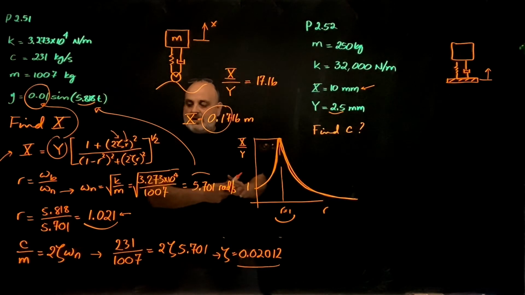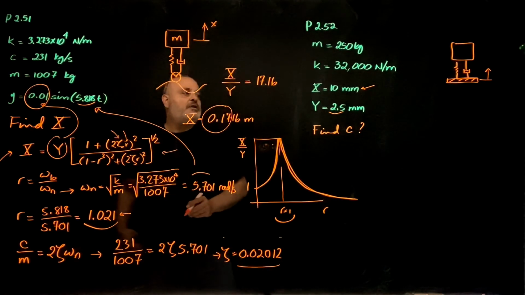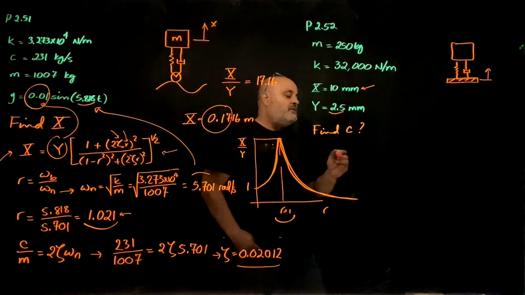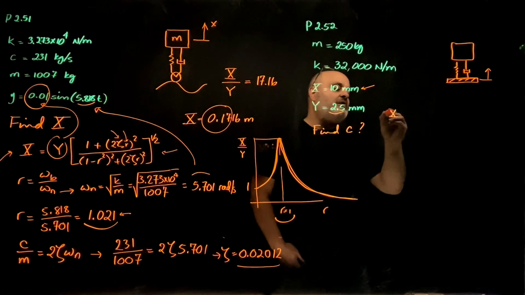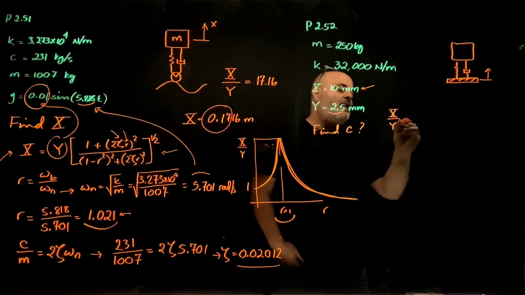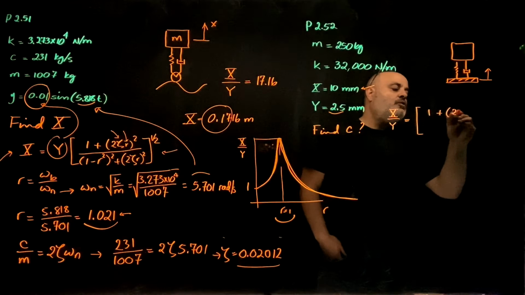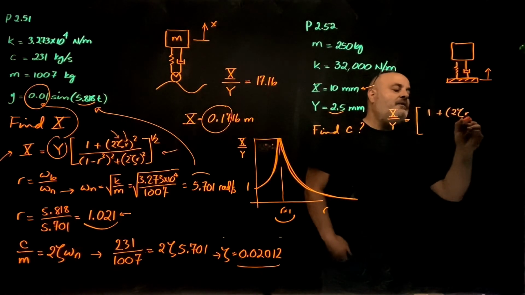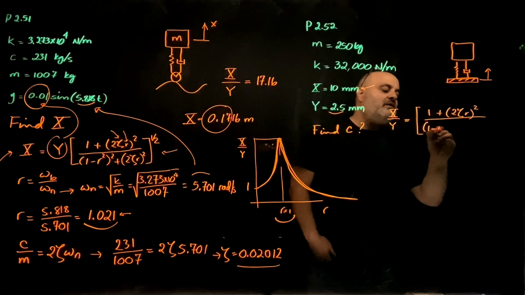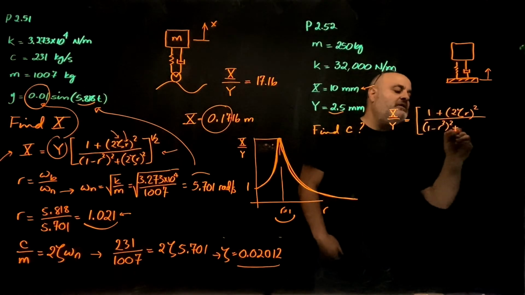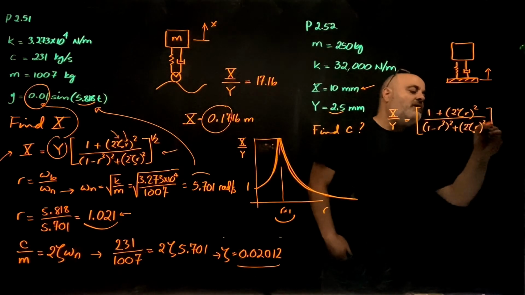Now, going back to this expression right here for distance transmissibility or displacement transmissibility, x over y equals the square root of 1 plus (2 zeta r) squared, divided by (1 minus r squared) whole squared plus (2 zeta r) whole squared.